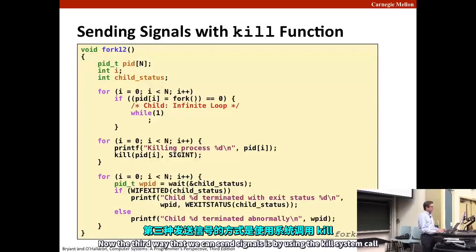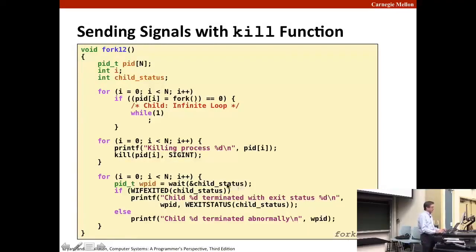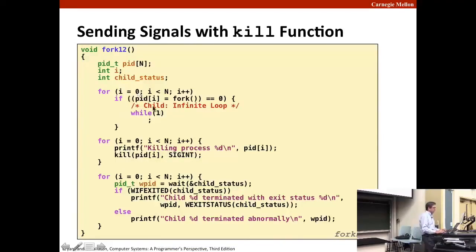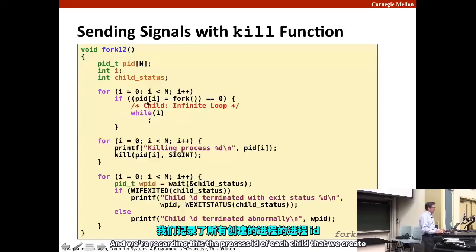Now the third way that we can send signals is by using the kill system call. So here's an example of how that works. In this example, we're creating n children, each of which goes into an infinite loop, and we're recording the process ID of each child that we create.